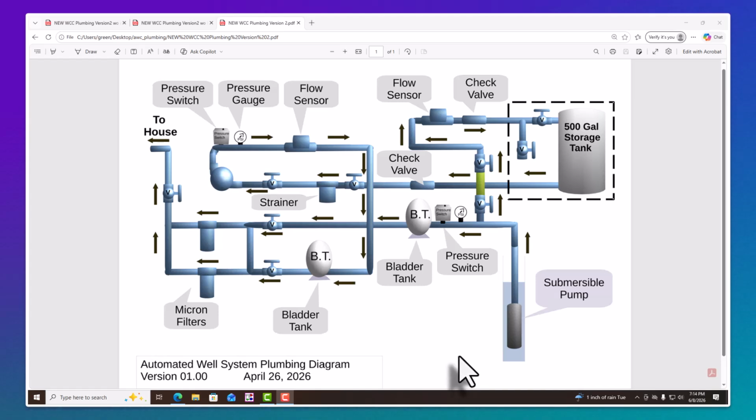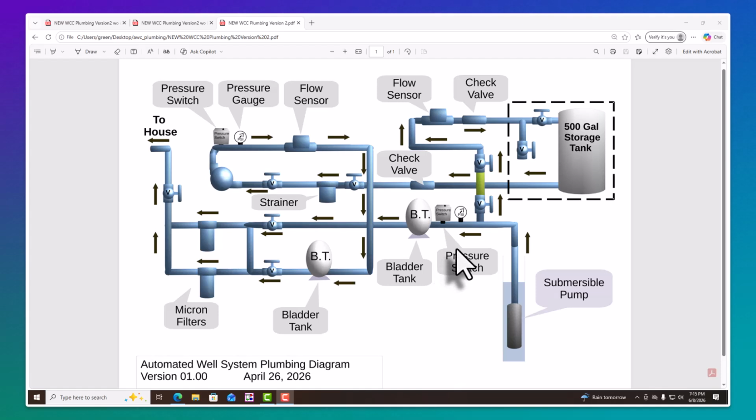So if I want to have the old system and not the new, what I would do is close this valve to prevent water from coming up into the tank, and I would close this valve so that water can't go from this bladder tank, and I would open this valve.